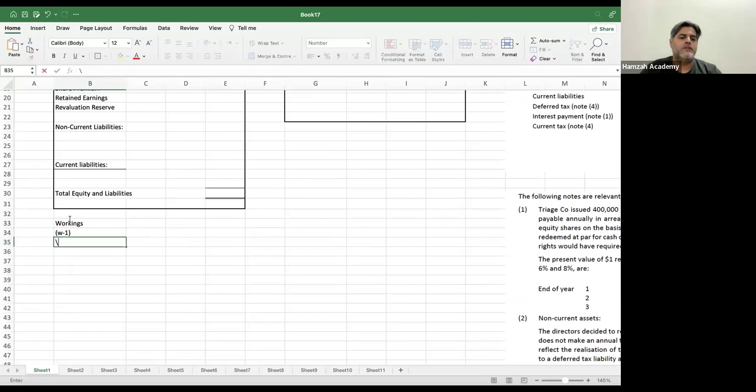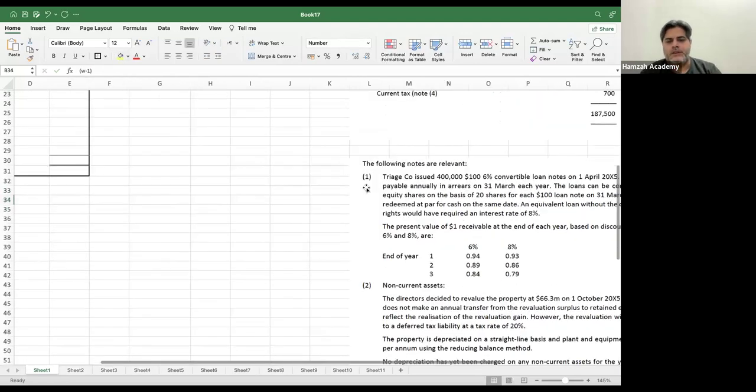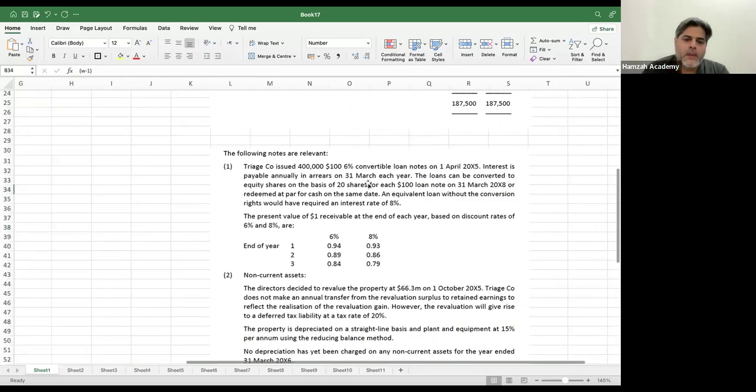For the workings, I will go straight over here to point number 1. Triage company issued $400,000, $100, 6% convertible loan notes on 1st April 20x5. Interest is payable annually in arrears on 31st March each year.